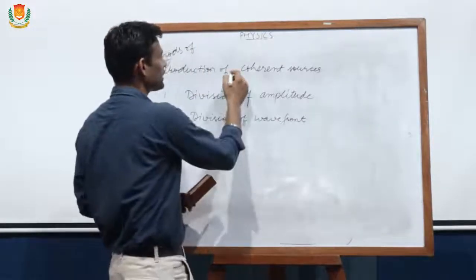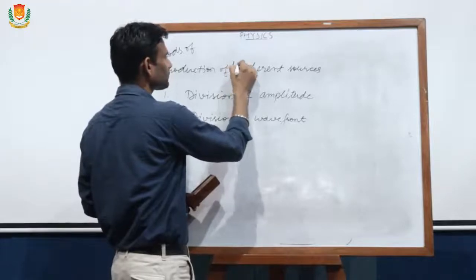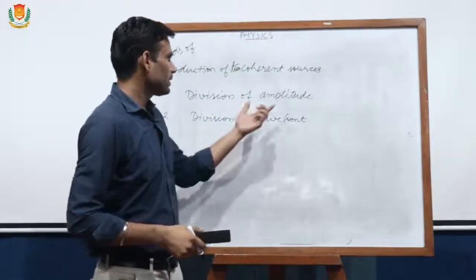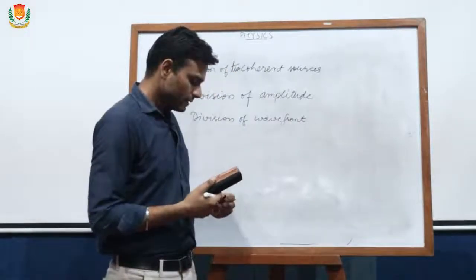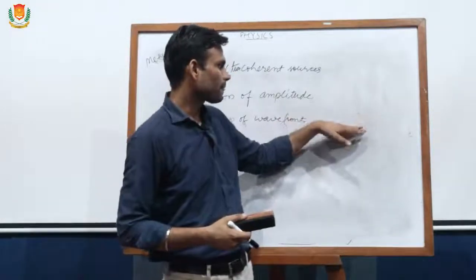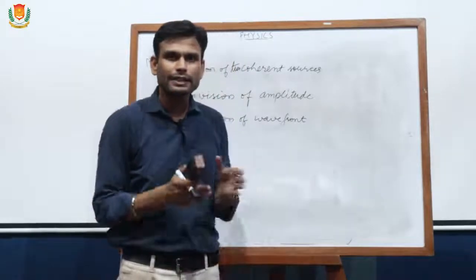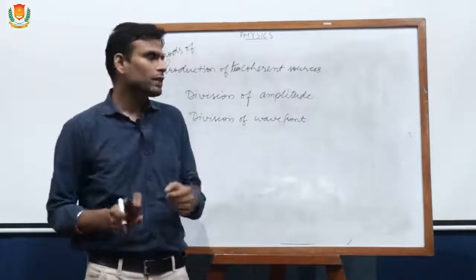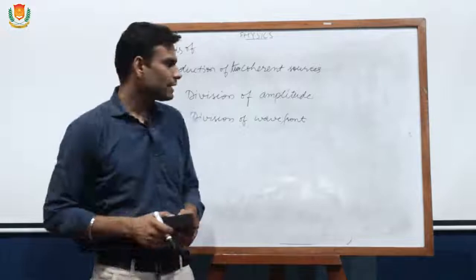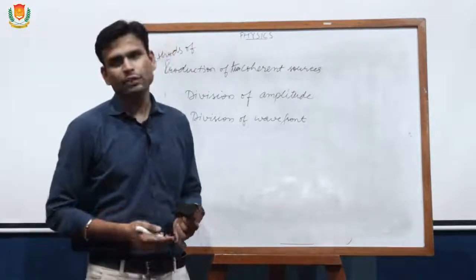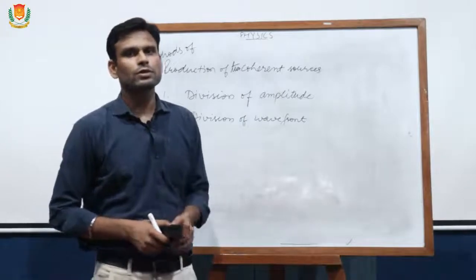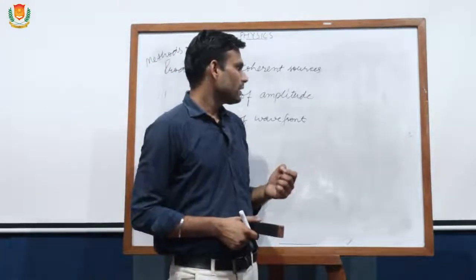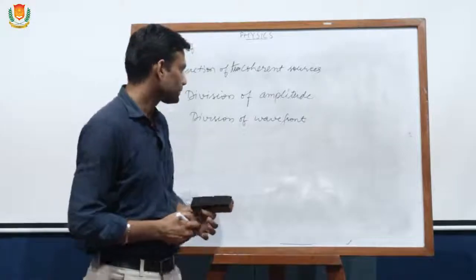If we are producing two coherent sources, a light comes and falls on a screen, and that splits into two parts. When a light beam is split into two parts, the intensity of both the parts will be decreased. So we get two coherent sources of decreased amplitude.